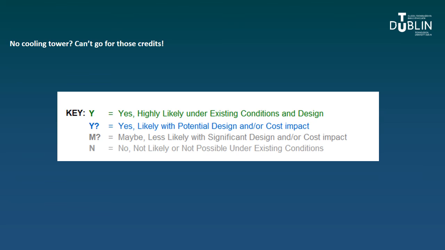It's if you don't have a cooling tower, you can't go for those points. And that goes back to the sample scorecard for this. That's the kind of thing you do as a design team as you go through analysing, okay, is this a credit worth going after or not? So if you're not going to have a cooling tower, then it straight up gets that N. It's not possible under this condition, so we're not going to even try to go for those points that are available for that credit. So it's just a distinction worth noting.